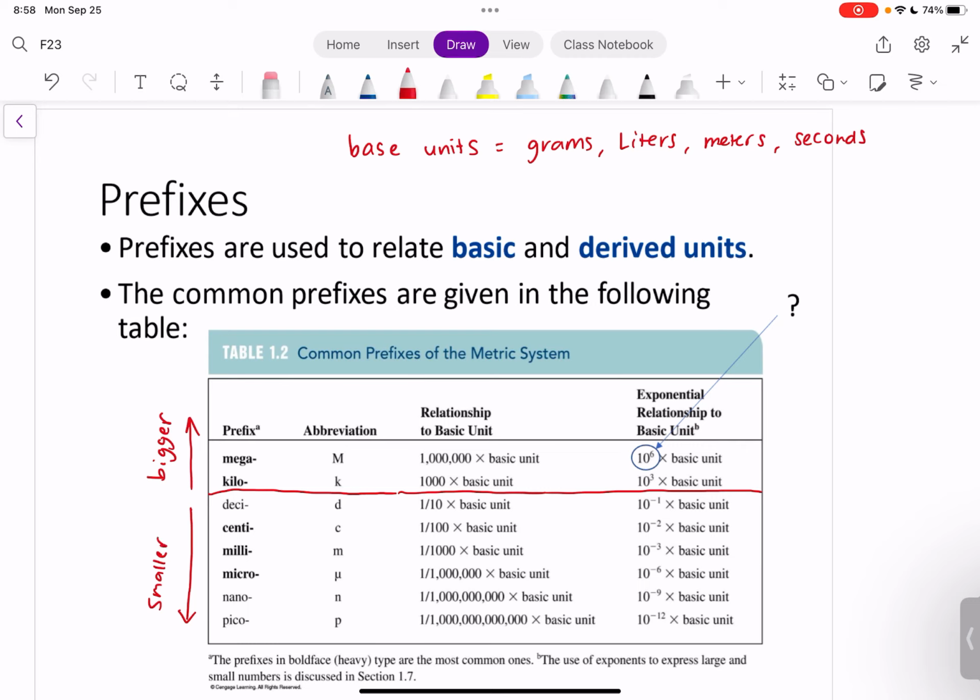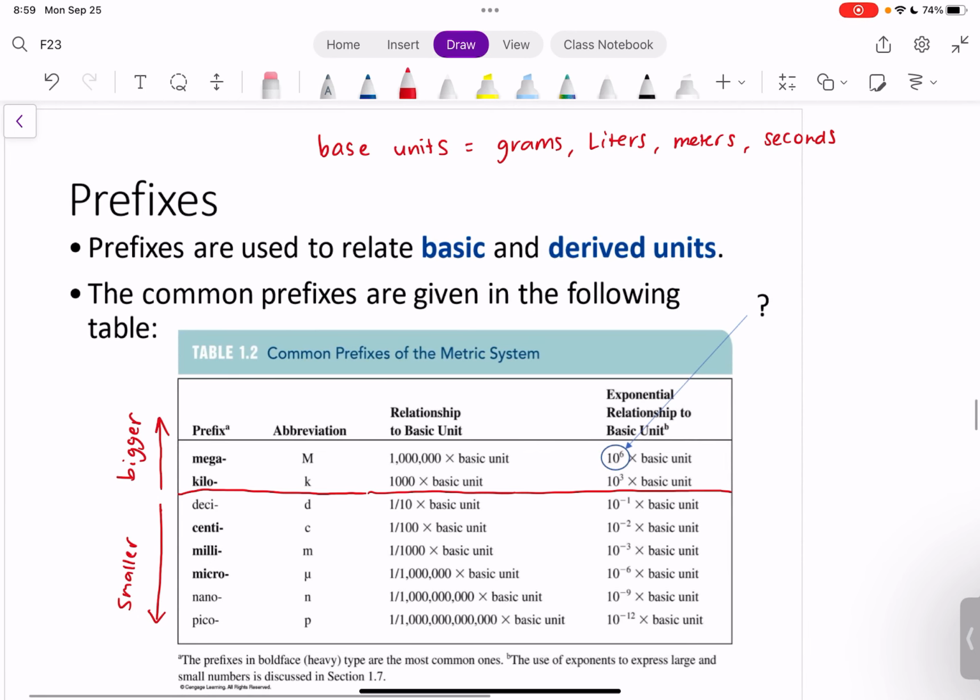So decimeters are smaller than meters. Centimeters are smaller than meters. Millimeters are smaller than meters, right? All of those units that I've drawn the down arrow for are getting smaller than your base unit. You might be asking, how much bigger are the bigger units and how much smaller are the smaller units?